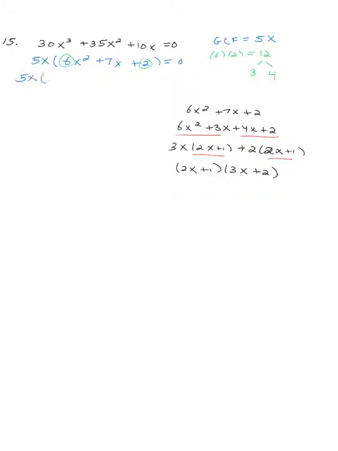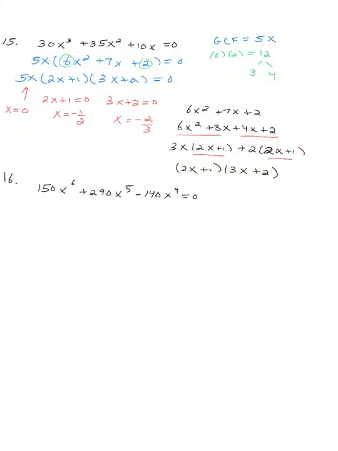So I had 5x, and I'm going to replace the 6x squared portion with 2x plus 1 and 3x plus 2. And the place where this is equal to 0 must be x is equal to 0. If I set 2x plus 1 equal to 0, that's equal to 0 at negative 1/2. And if I set 3x plus 2 equal to 0, x is equal to negative 2/3. And those are my three solutions.